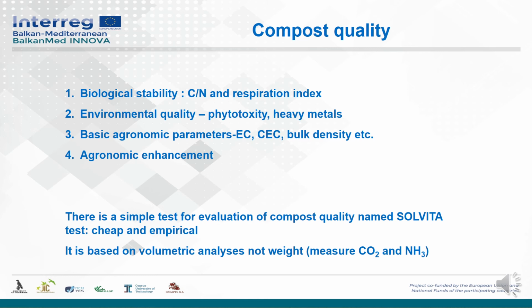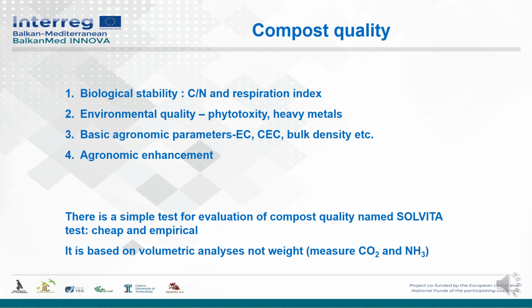About compost quality, how can you assess the quality of compost? It is assessed based on biological stability, what we assessed previously. So the carbon and nitrogen ratio and respiration index are good indicators to show the biological stability.